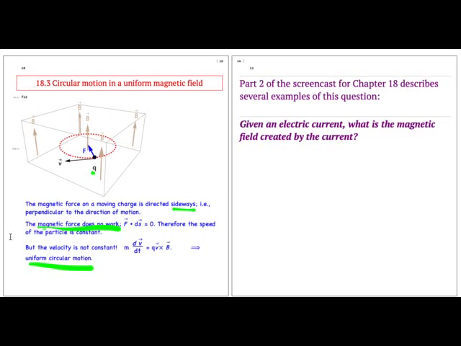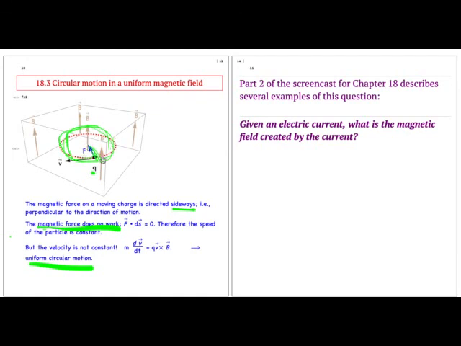It has a centripetal force, which produces the centripetal acceleration. The force is the magnetic force. It's perpendicular to the velocity, so it's towards the center of the circle. As the particle moves around the circle, at every point the force points towards the center of the circle. The force is constantly changing in direction. It's always towards the center of the circle.